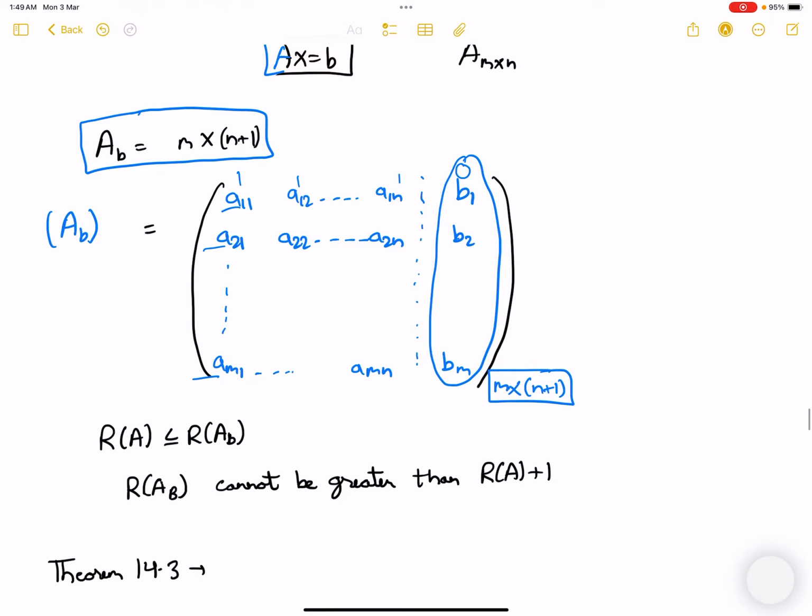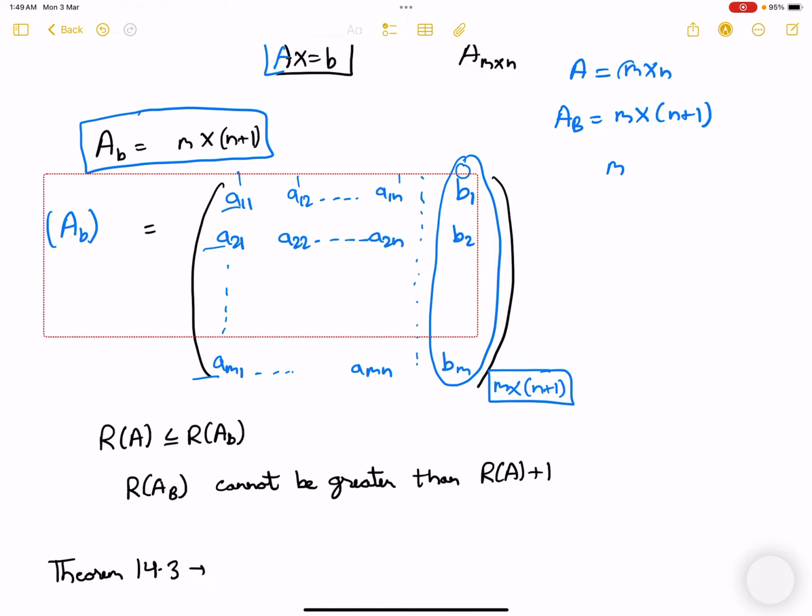Now, the order of A augmented B is m cross n plus 1 and the order of the A matrix is m cross n. The number of rows is the same, but A has n columns and A augmented B has n plus 1 columns.